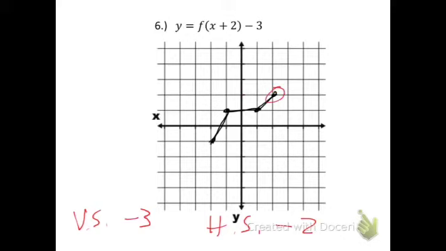Okay, so this point here, left 2, down 3, is going to put him right there. This point, when you move left 2, down 3, is going to put him right there. Next point is going to end up right here, and then the last point is going to end up right there, and we got our new function. Ta-da! Front side done.